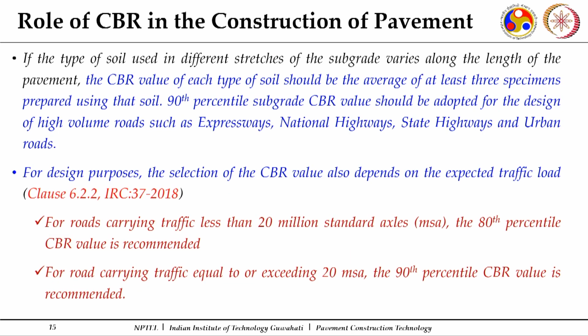Now, in addition to this determination, because the subgrade has to be constructed along the entire length of your pavement, you will require a good quantity of soil. So, you may either use the existing soil or select a borrow area.